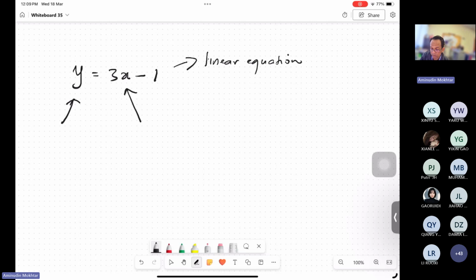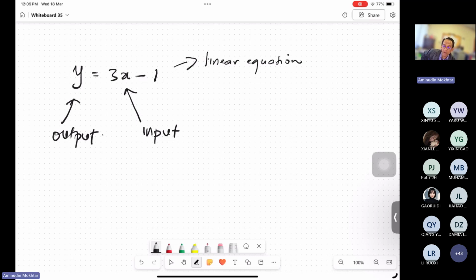What is y and what is x? In this example, x is an input, y is output. So this equation has one input and one output.